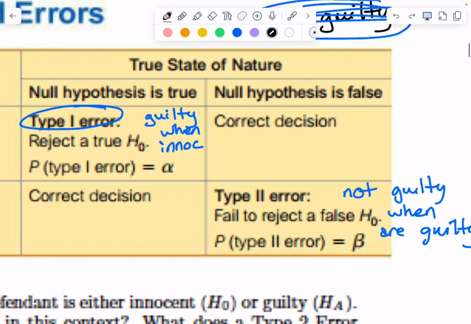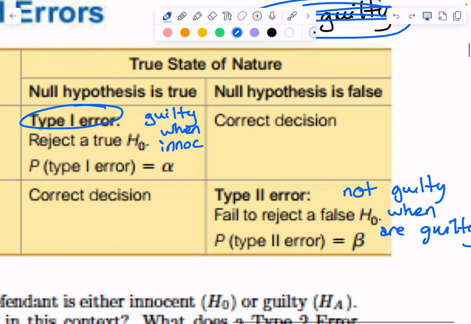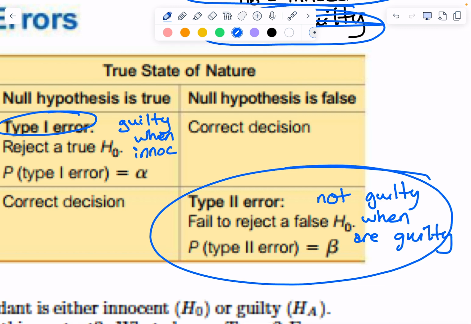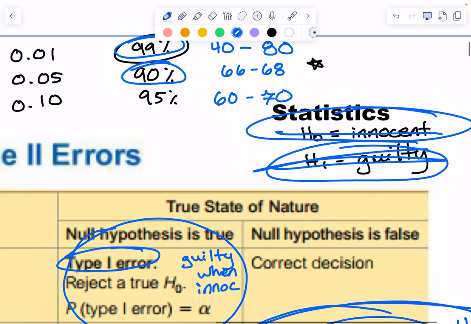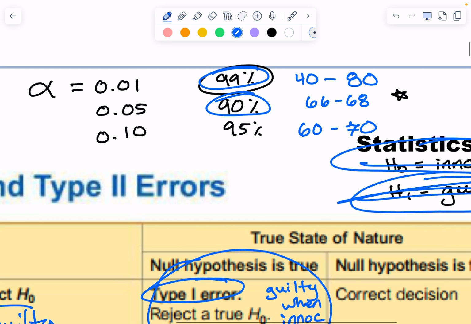But the deal here is, depending on which one you would like to lean towards. So maybe you would lean more toward this one, like any error is bad, but if you're more okay with having this type of error over this one, you're going to adjust your significance level accordingly, right? So maybe you would say innocent until proven guilty, 10%.